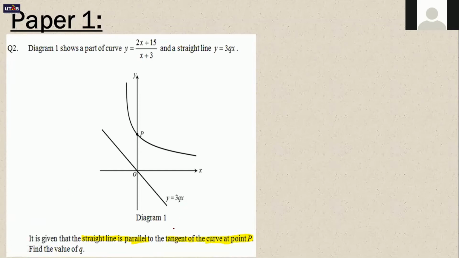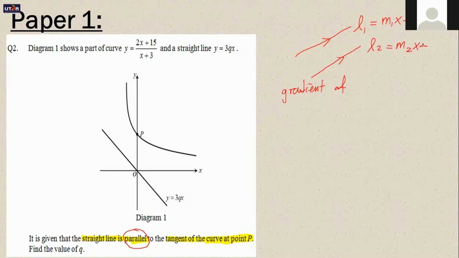So how to find? What is called parallel? Two lines are parallel means their gradient will be the same. If this is line 1 and this is line 2, maybe I will write line 1 as y equals m1 x plus c1, and line 2 as y equals m2 x plus c2.